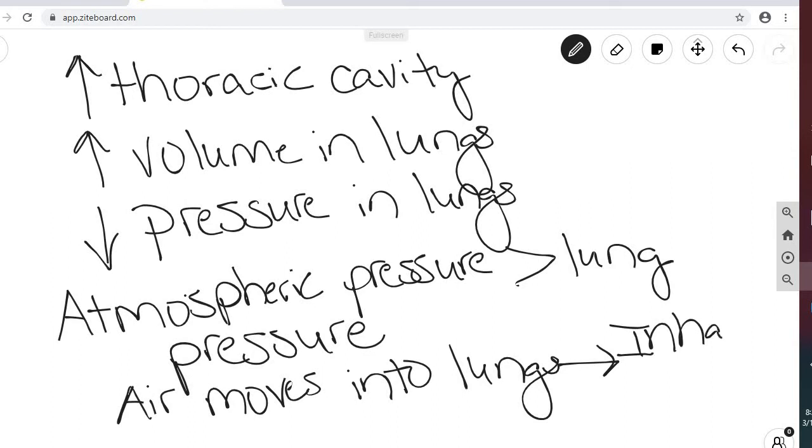Okay, and then as we saw, the exact opposite happens when you exhale. All of this comes about by the contraction of the diaphragm for inhaling.